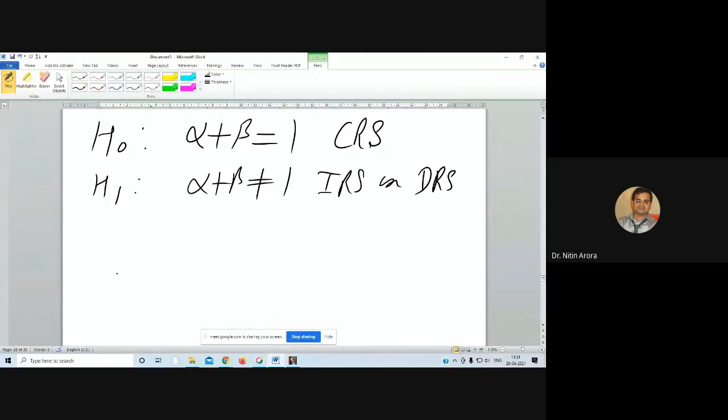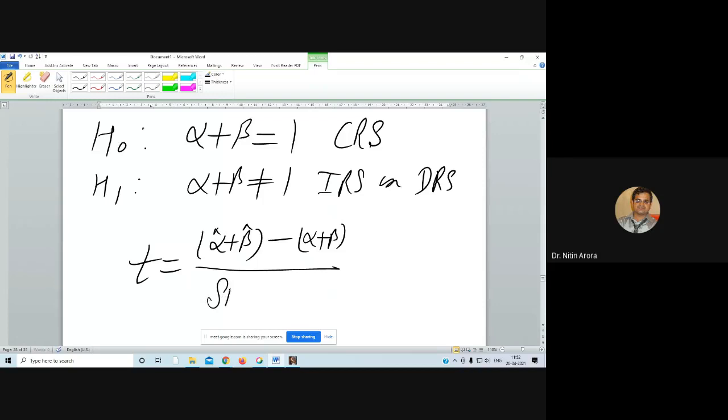Now the t statistic would be alpha cap plus beta cap, whatever we are getting, minus alpha plus beta that we want to test. We want to test obviously unity, divided by the standard error of alpha cap plus beta cap.